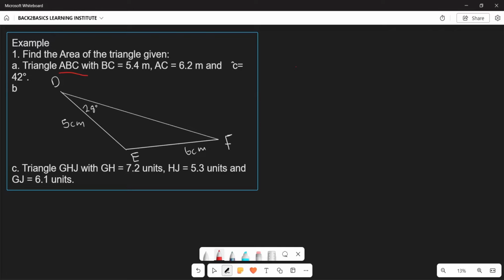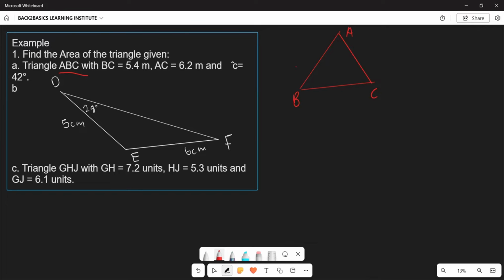So now we are going to start by drawing this. Let's try and draw this triangle. Surely this is going to be a triangle that is almost like this, right? Where this is your A, this is your B, and this is your C, isn't it so?